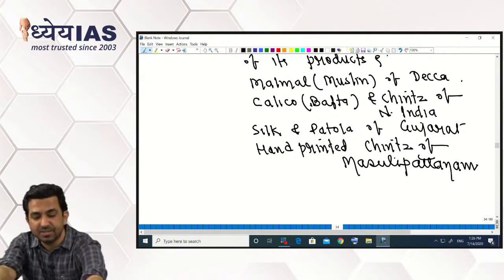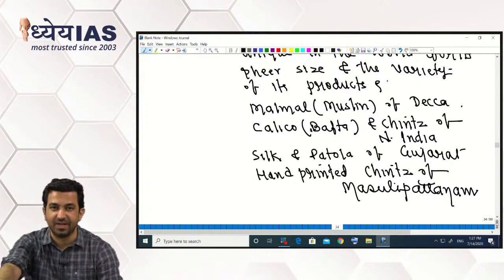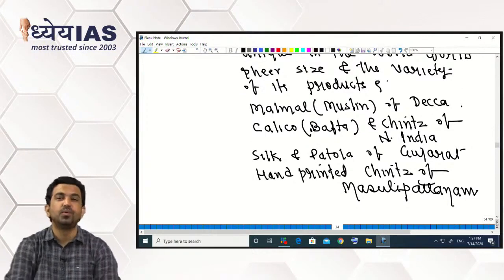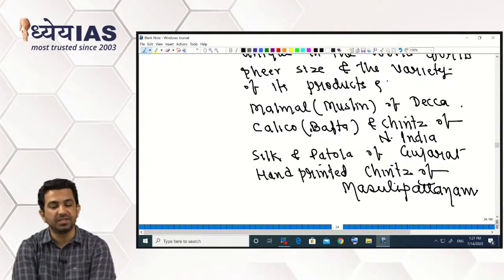So varieties of cloths, cotton as well as silk cloths, were produced by the Indian weavers and Indian textile industry.